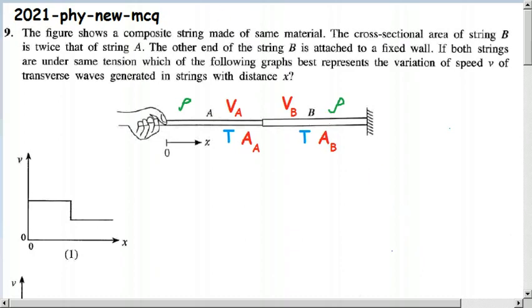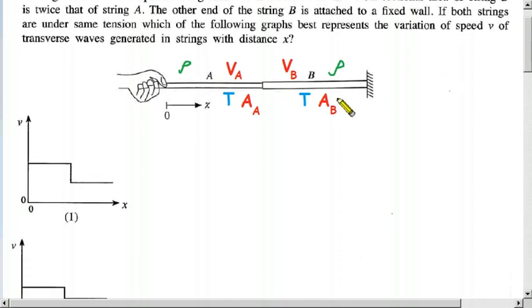First of all, let us check what they exactly want us to find out. With the same tension, which of the following graphs best represents the variation? We have to select the suitable graph. In this graph, the y-axis is the velocity or speed and the x-axis is the distance from this place.